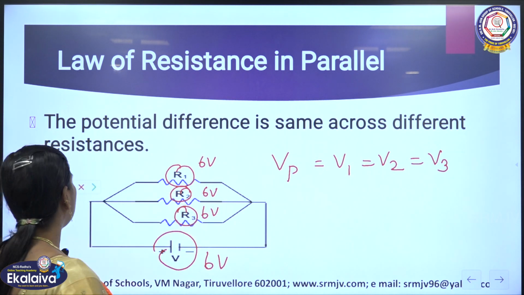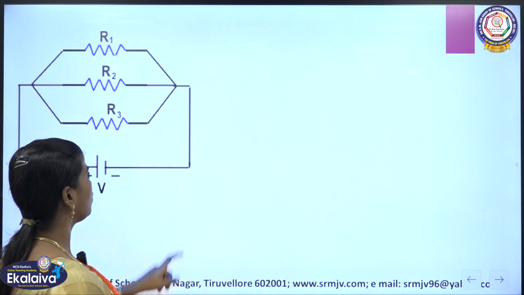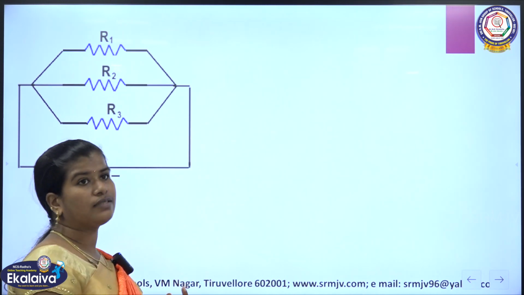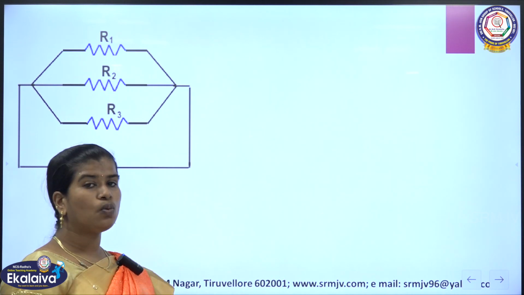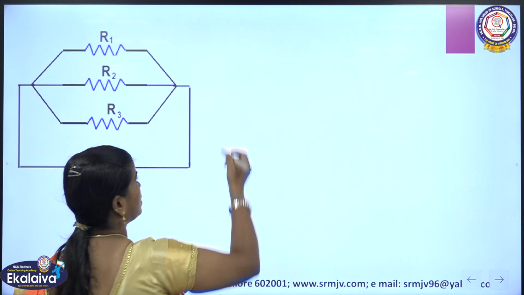Now, based on this, we will derive an equation. The first law says that the reciprocal of the total resistance is equal to the sum of the reciprocals of the individual resistances.